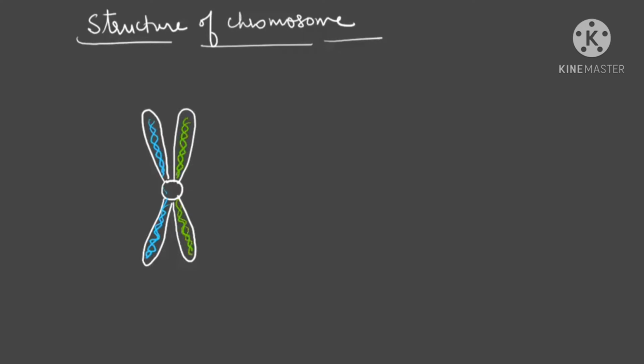These two chromatids are attached at one point. This is known as the primary constriction, also known as the centromere.